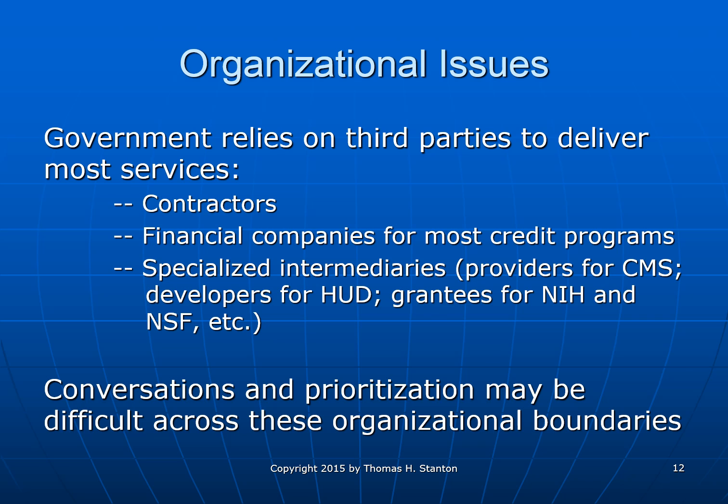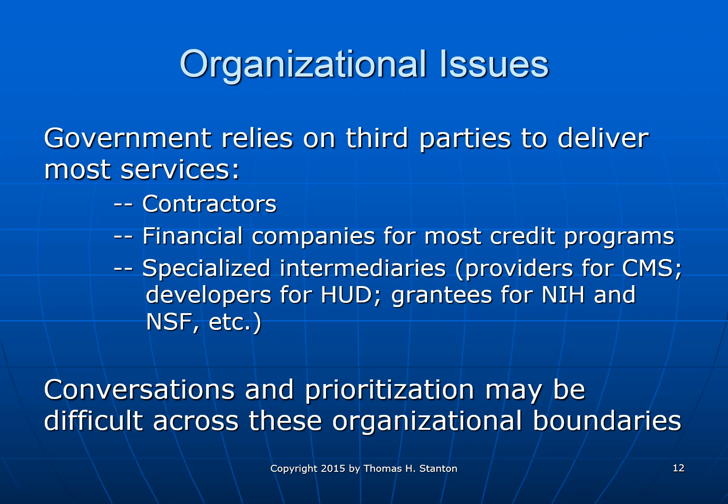Another set of organizational issues needs to be considered. Government relies on third parties to deliver most public services. These include contractors and also specialized kinds of third parties depending on the kind of program. So credit programs will rely on banks or other lenders to provide government guaranteed loans.